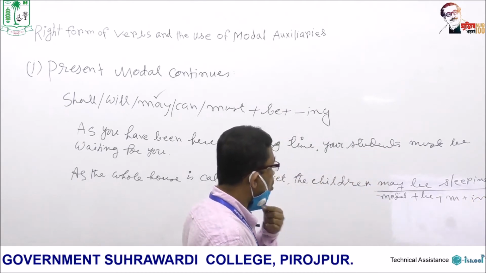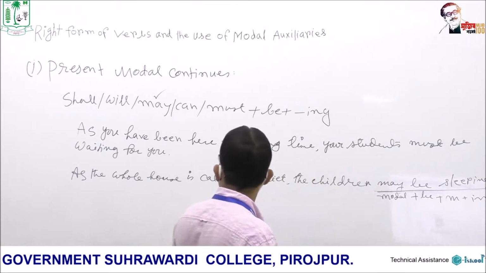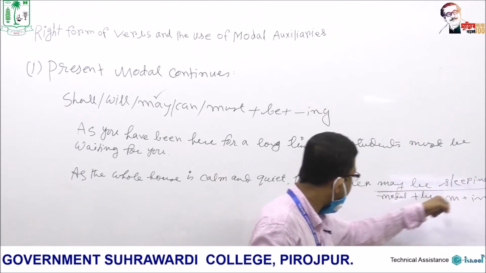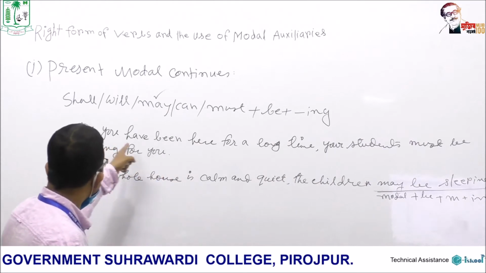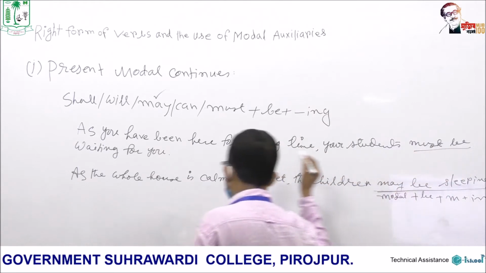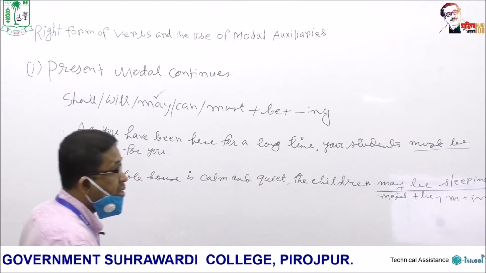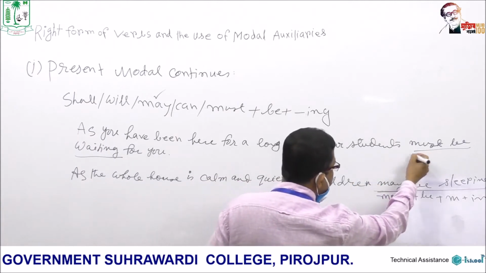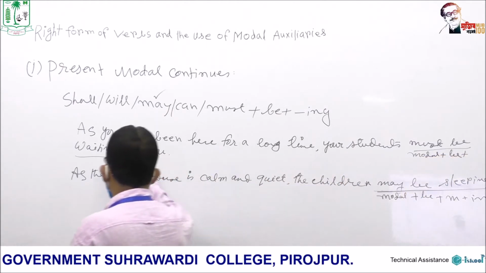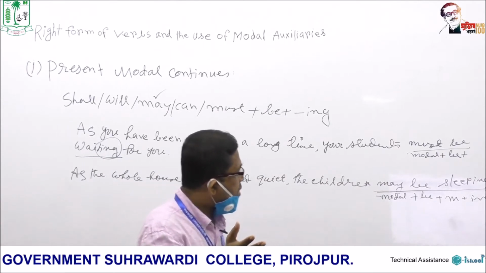So the formula of present modal continuous is modal plus be plus ing. And here also, as you have been here for a long time, your students must be waiting. Here must is the modal, plus be plus ing. So you can understand from these examples.